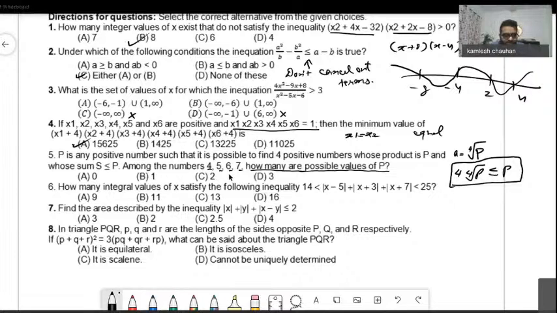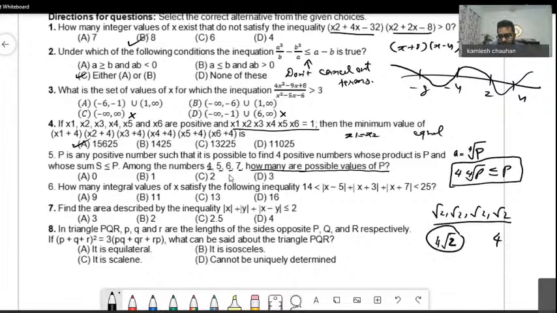Okay, wait a second. Now for 4, what can happen is we can write the numbers as square root of 2, square root of 2, square root of 2, square root of 2. Their sum will be 4 times square root of 2. P is equal to how much? 4.